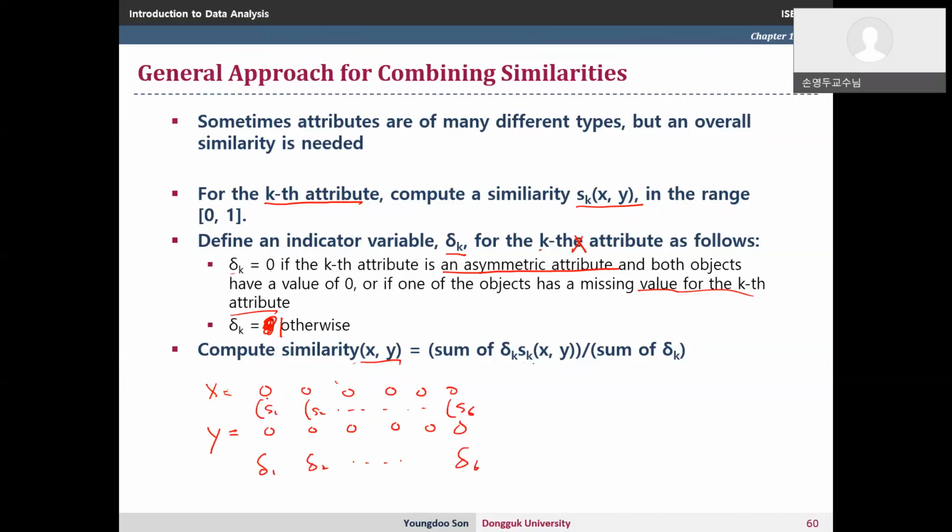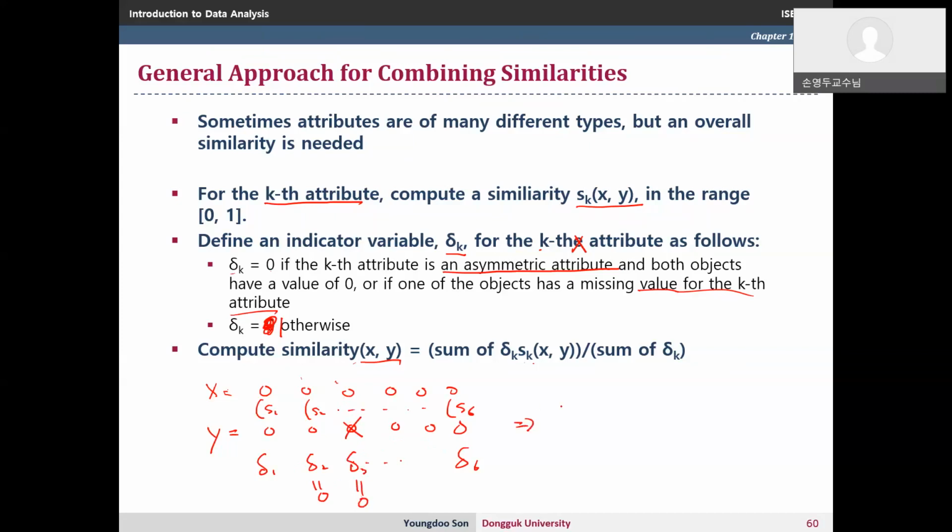However, if, for example, S2 is the 0-0 attribute of a symmetric attribute, then delta_2 will be 0. And if we miss the y3 value so that we cannot calculate S3 properly, then we put 0 for delta_3.